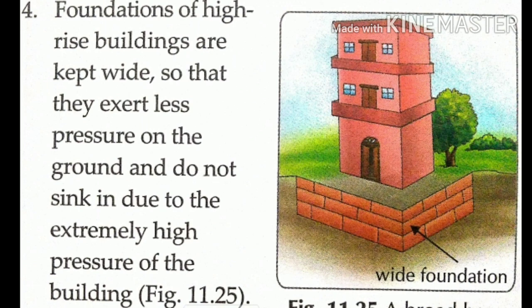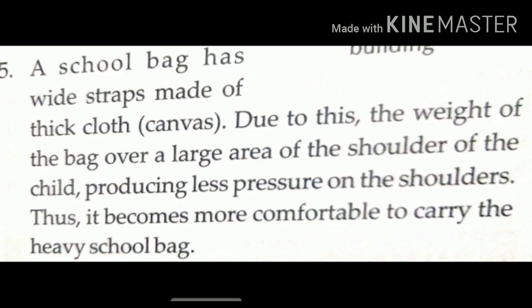The foundation of a tall building is kept wide so that its area of contact with the ground increases and it exerts less pressure on the ground and does not sink in due to extremely high pressure of the tall building. Now the question is, why do school bags have wide straps?